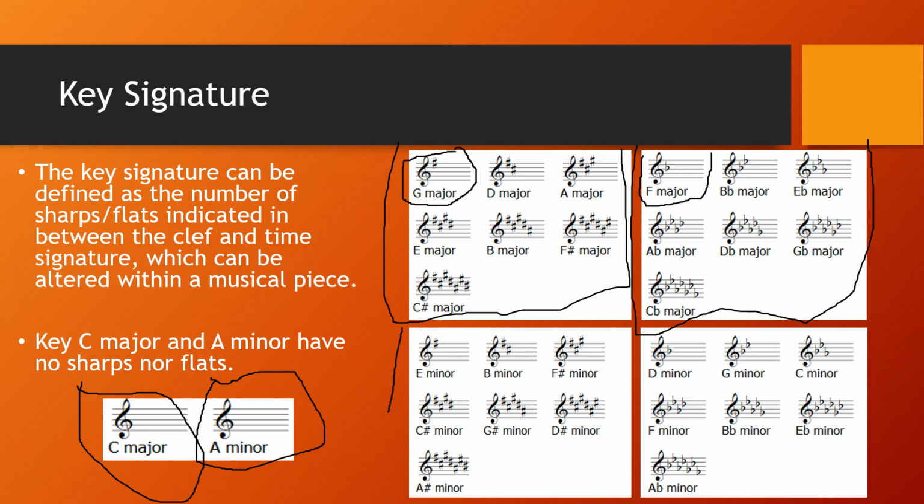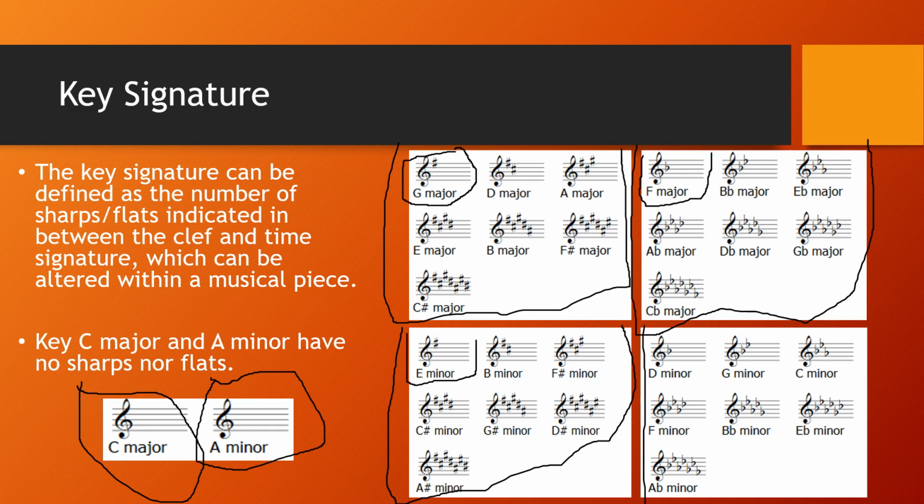We have this section of minor keys with sharps, and the first one is E minor, having only one sharp, which is on F sharp. So what do we say about G major and E minor? They are relative.